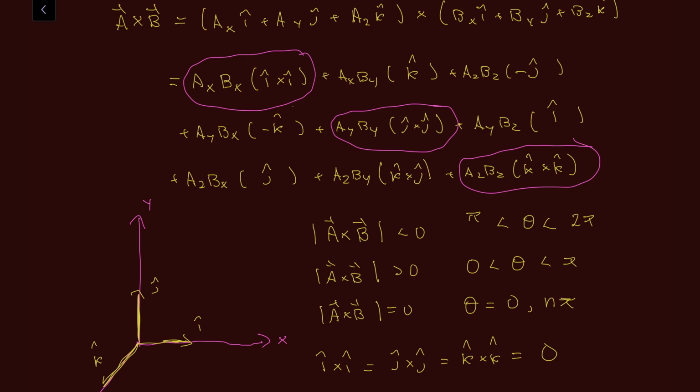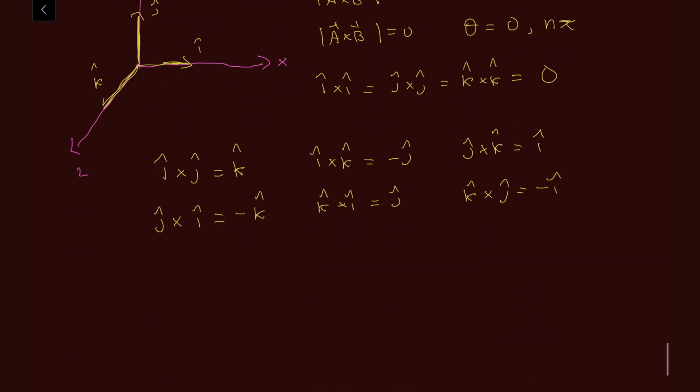And k cross j is going to be negative i hat. So you know you did this right if you have a positive unit vector and then a negative unit vector. Each unit vector should have both a positive and a negative version.